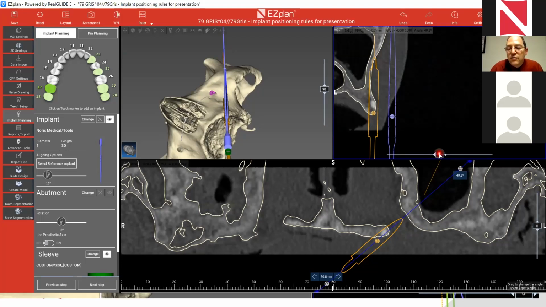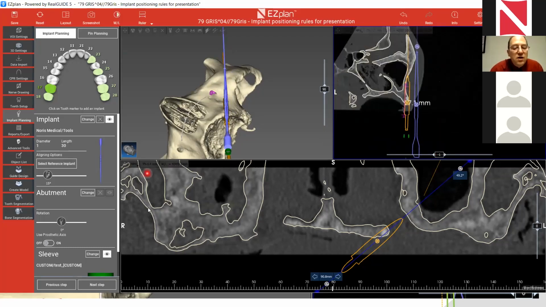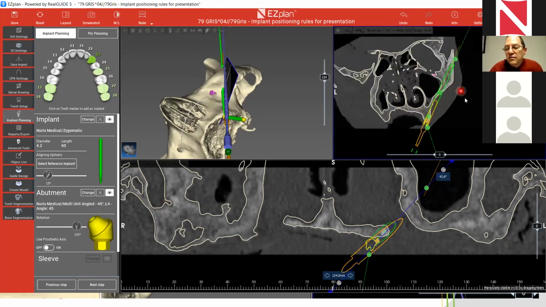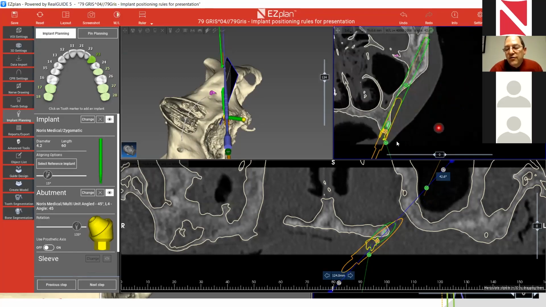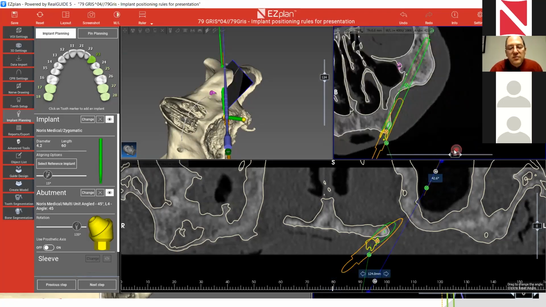Which means that if I use this, and I'll now put the implant back on, you'll see that we actually found the right trajectory to the implant. So we found the sinus angle to the implant.